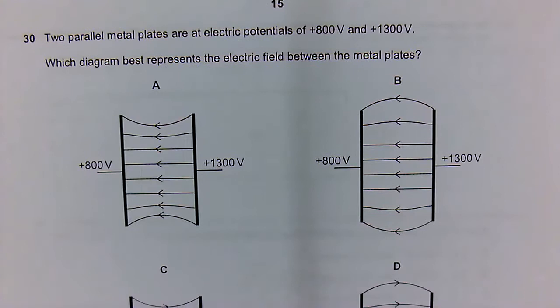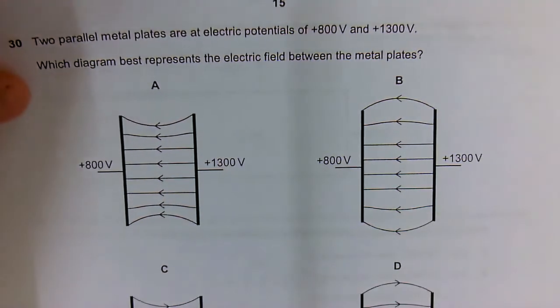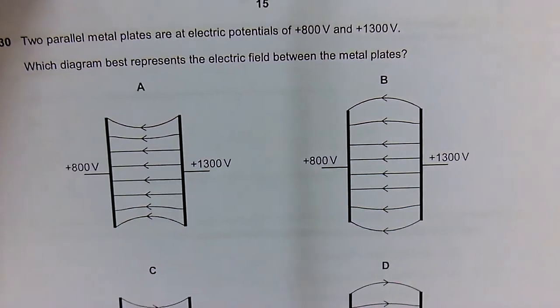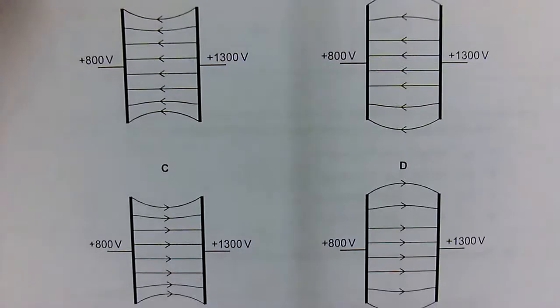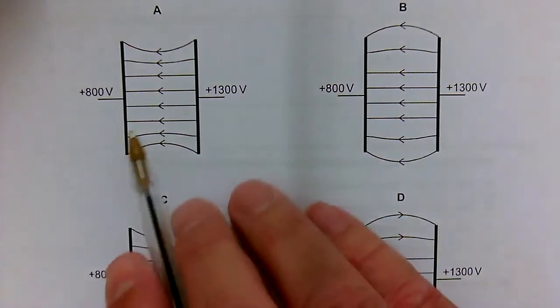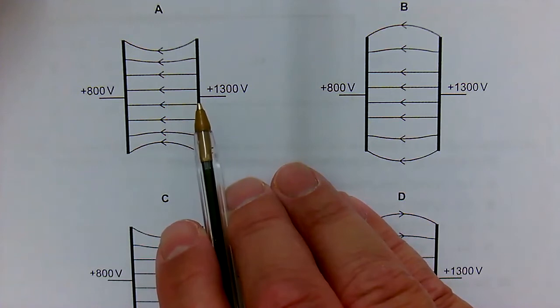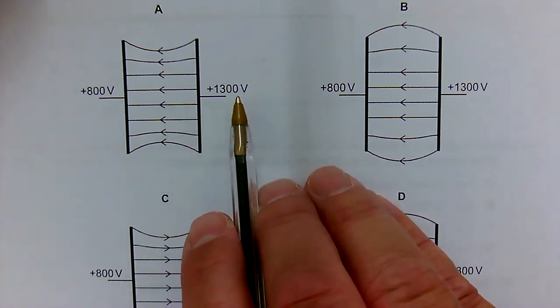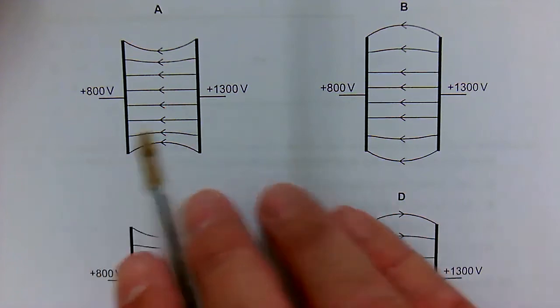Two metal plates are at electrical potentials of 800 and 1300 volts. Which diagram best represents the electric field strength? Both plates would repel a positive charge, but this one would repel with a greater force because it's got a larger potential. So the force on a positive charge will always be from the large to the small.